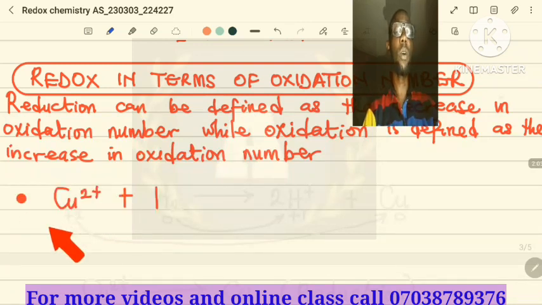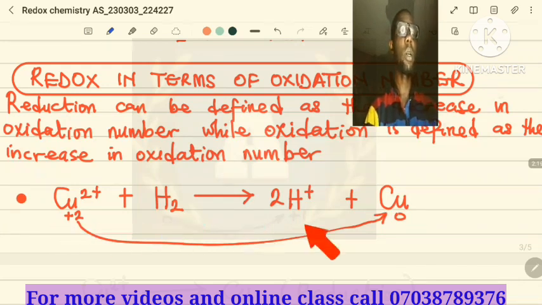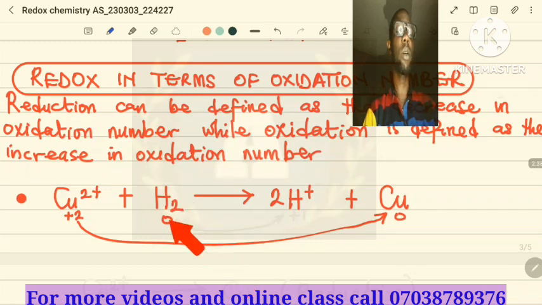Now we have copper 2 ion reacting with hydrogen gas to yield copper solid. The oxidation state of copper here is +2. Now it reacted to form copper solid. The oxidation state of an atom or a molecule in a free uncombined state is 0. Now we can see here that the oxidation number from copper 2 ion to 0 has been reduced. So from here to here is reduction. Then hydrogen gas here has the oxidation state of 0 because it is uncombined.